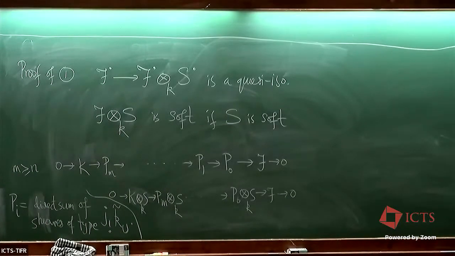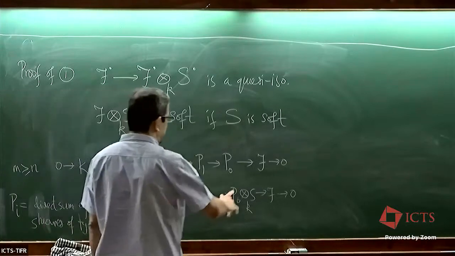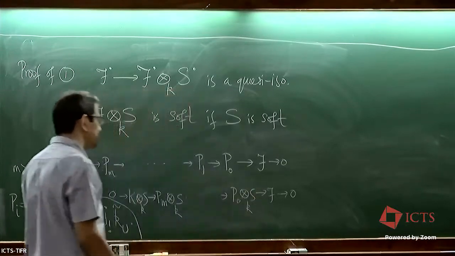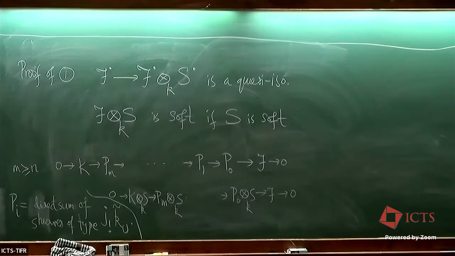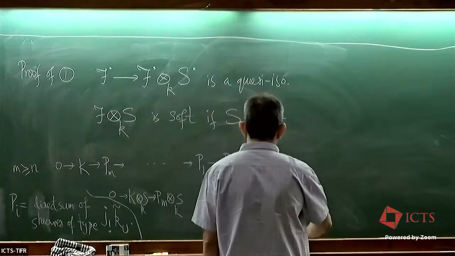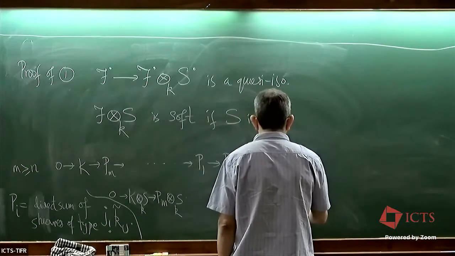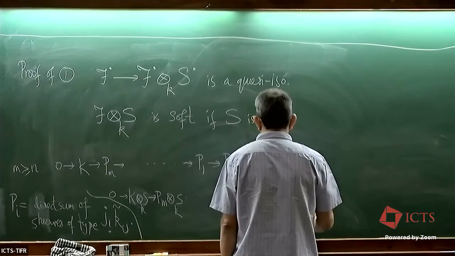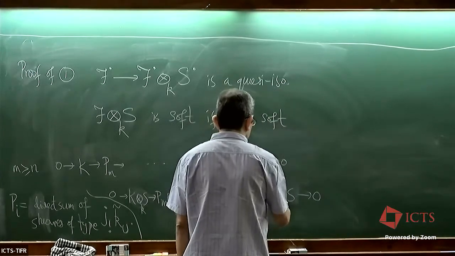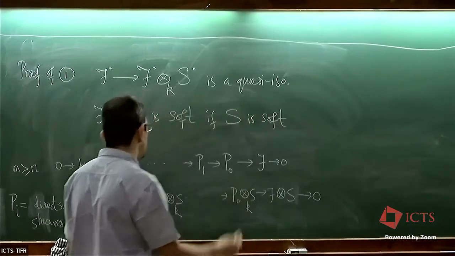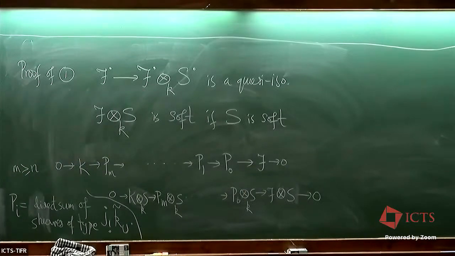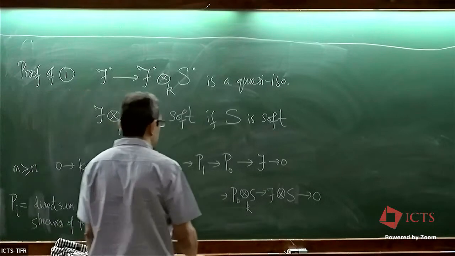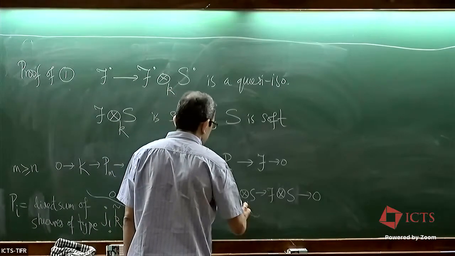Sorry, here, these are sheaves, but you tensor them over K. If you want, you can put K_X tilde here. You're tensoring them over K_X tilde. So you have an exact sequence like this, but these are all already soft.